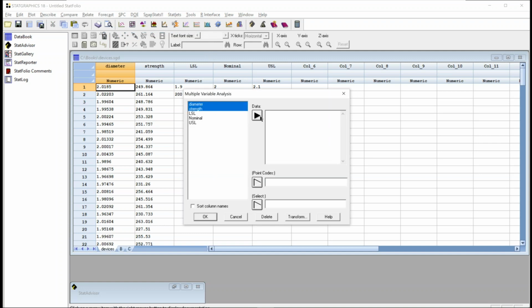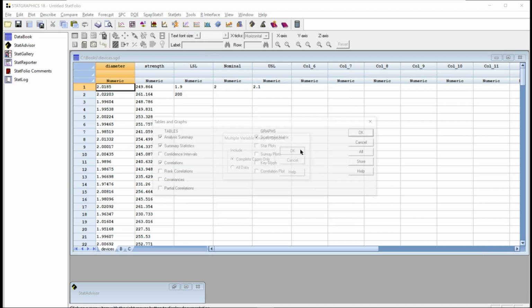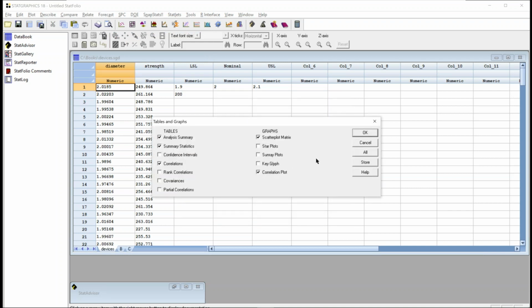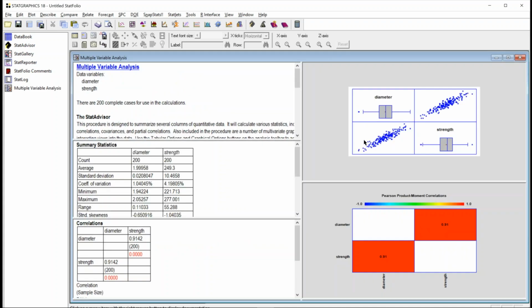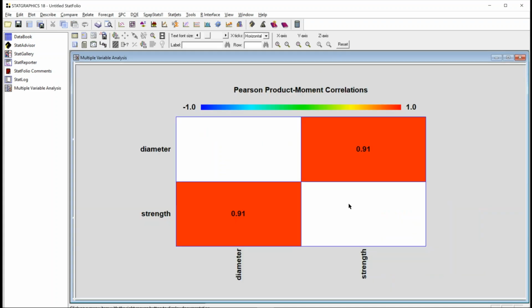I can ask for diameter and strength and have it calculate a scatter plot matrix and also something that I call a correlation plot. This particular plot is quite helpful when you have multiple variables.